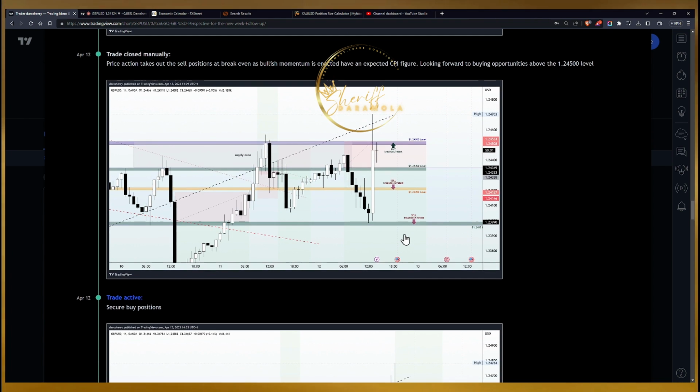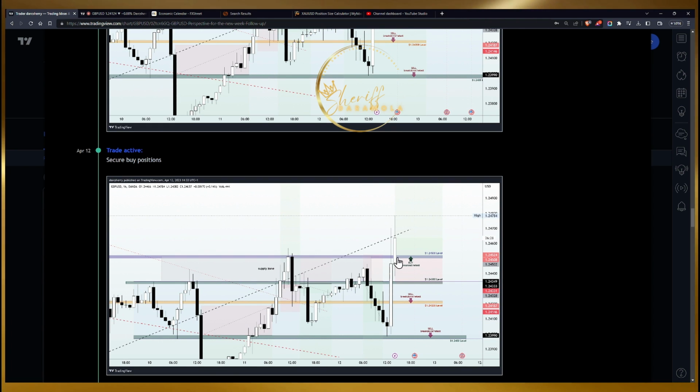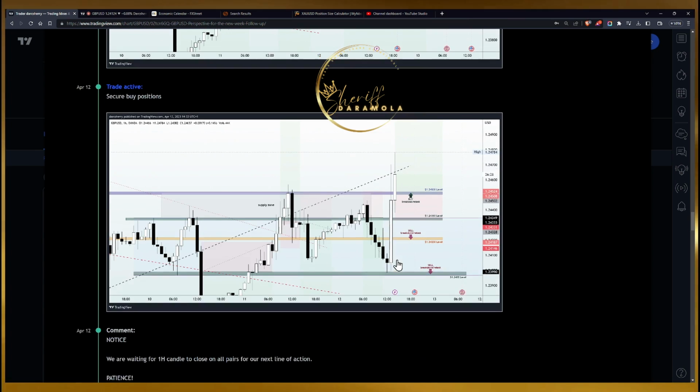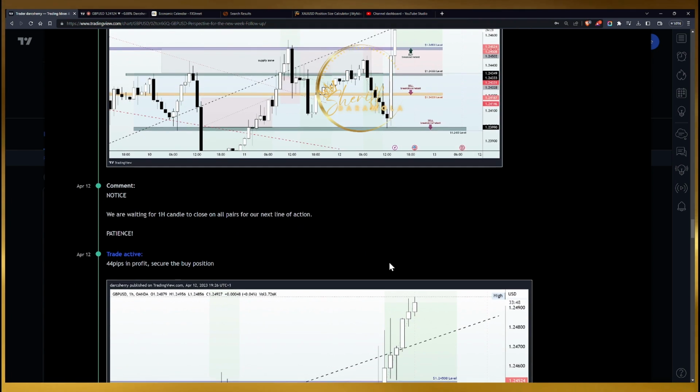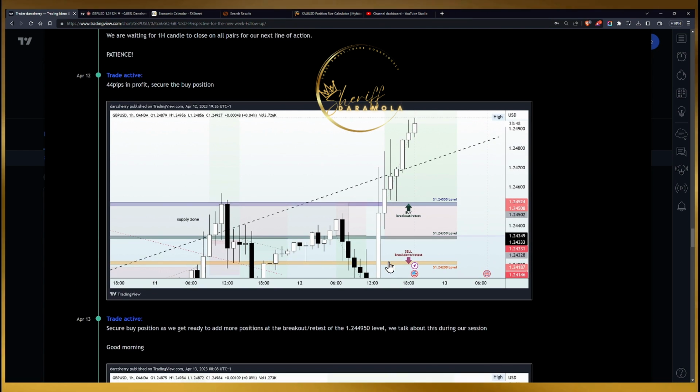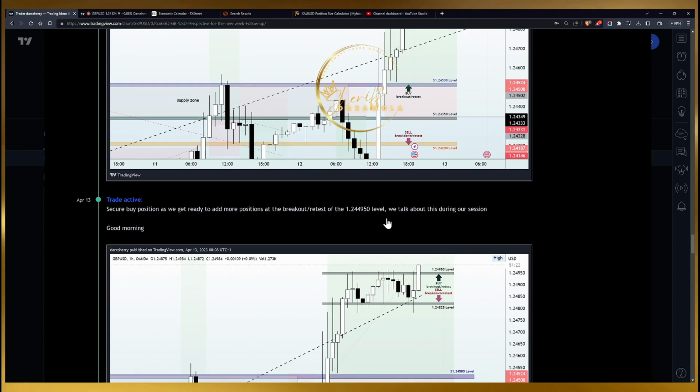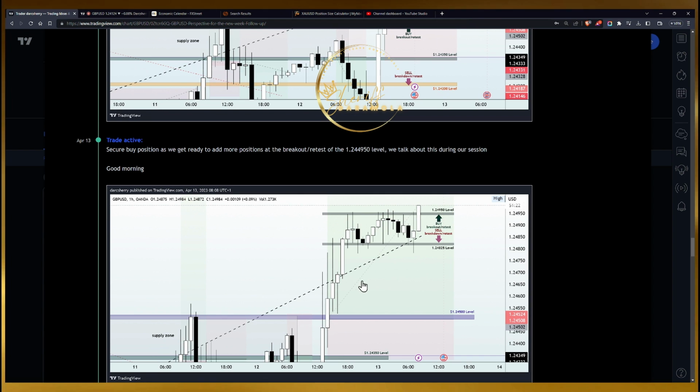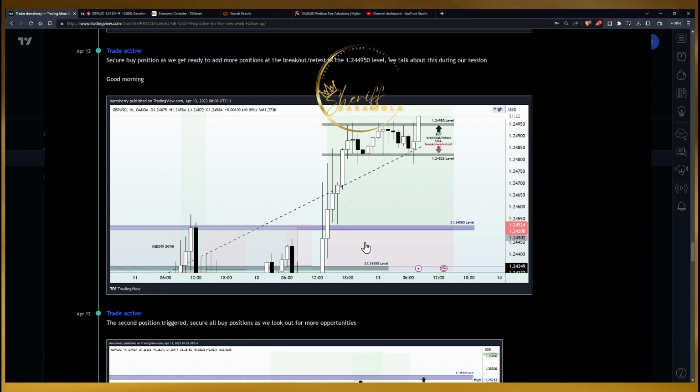So with a buy stop order above that structure, we had our first major buy position for the week triggered, breaking out of that key structure, and we continued to ride the move all the way to the upside. And at every point in time, I mentioned that we move our stop loss to secure that position, as you can see here.